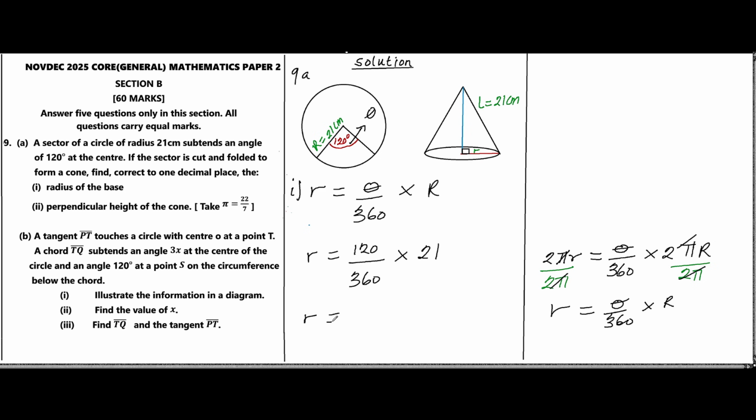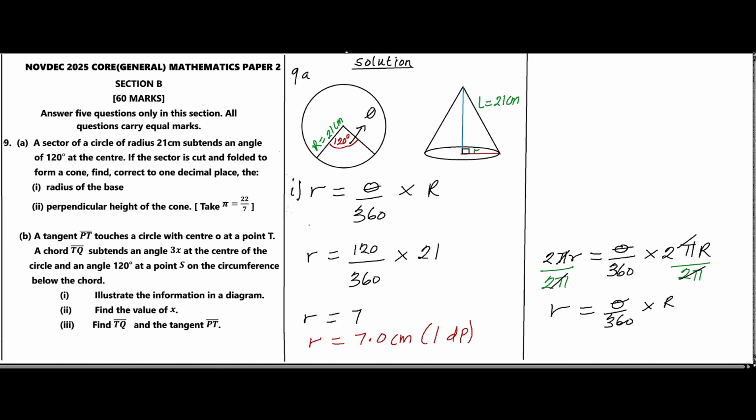So the radius, we have 120 divided by 360 times 21. So we have 7. And remember, we were asked to correct our answer to 1 decimal place. So to 1 decimal place, the radius will be 7.0 centimeters. So that is for the I.